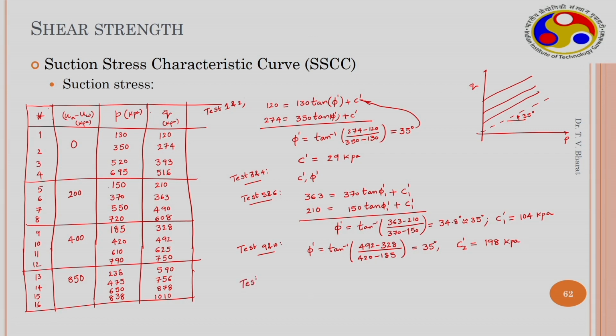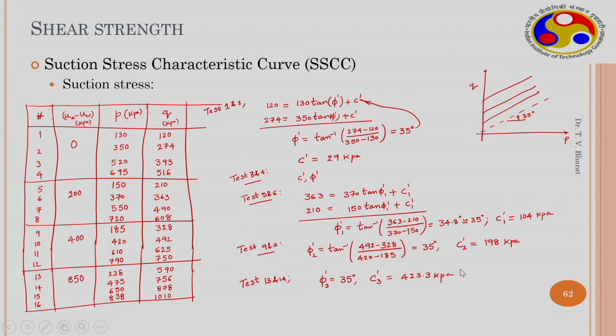And test 13 and 14, phi dash is 35 degrees again, that is phi 1 dash, phi 2 dash, phi 3 dash, 35 degrees, and C3 dash is 423.3 kilopascal.